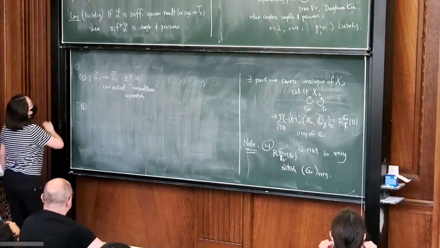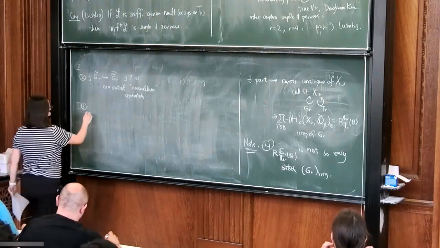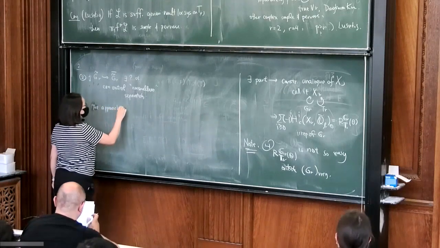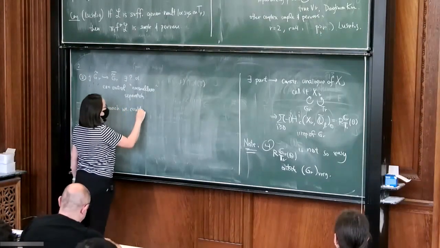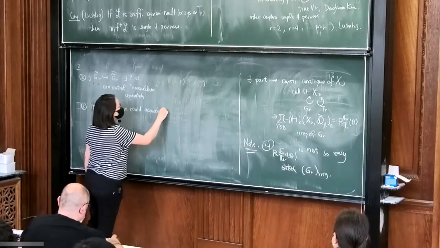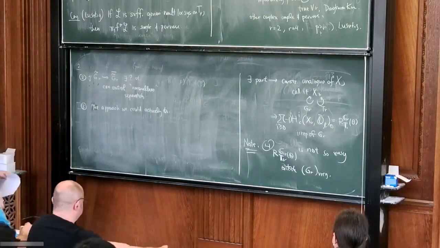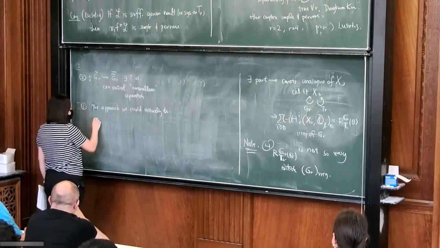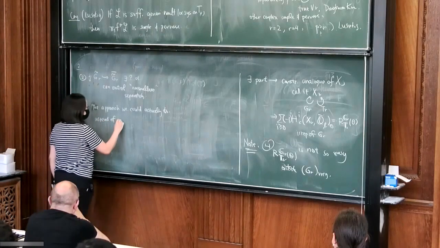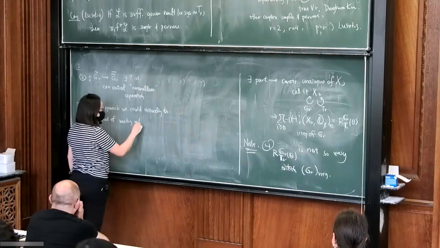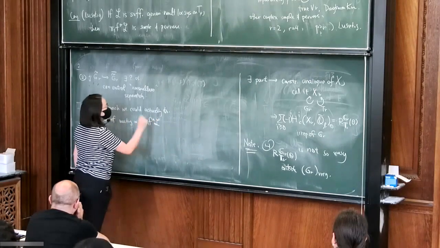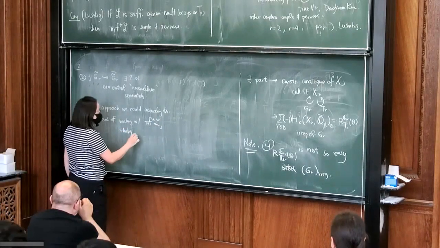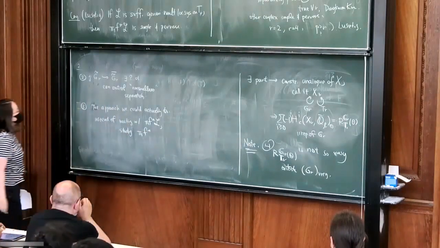So the approach that we in the end took, another approach, is to mildly change our perspective, which is that instead of working with this L by L in some sense, study the functor given by this.